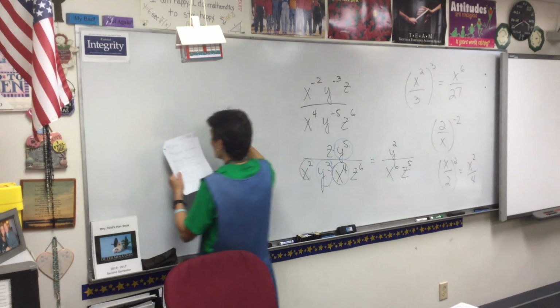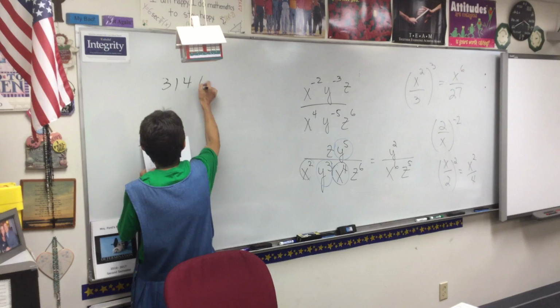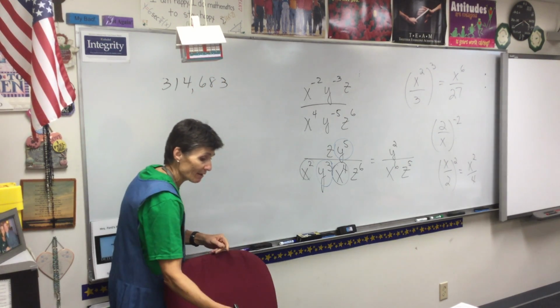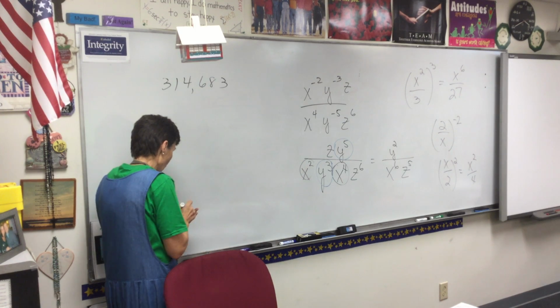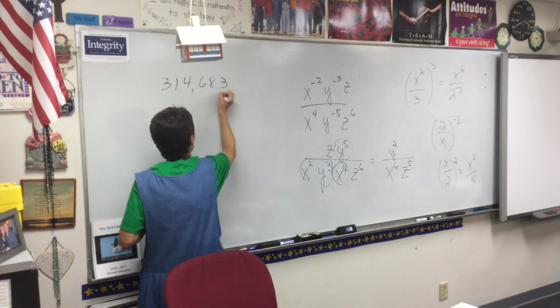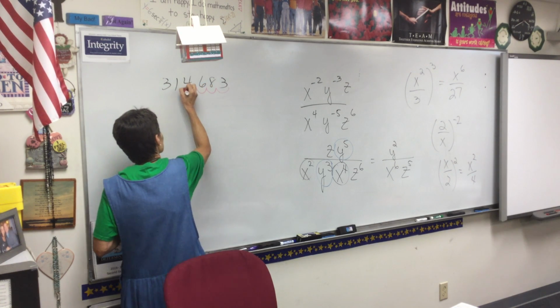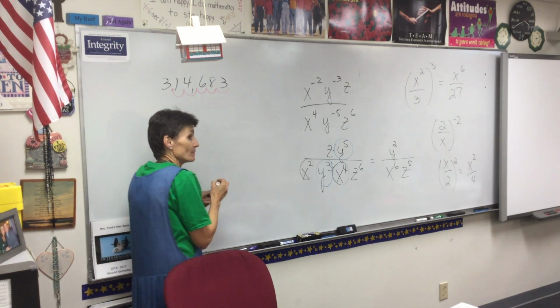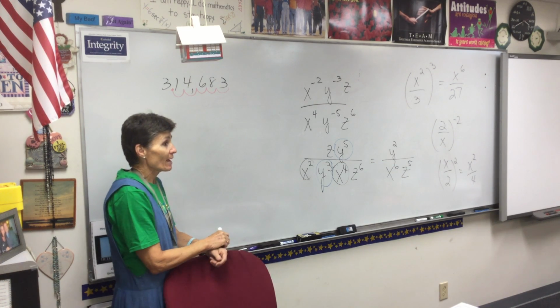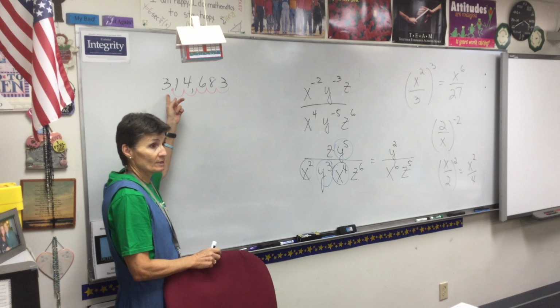So if we have to write 314683 in scientific notation, we have to move the decimal point all the way to here, right? Because the rule is that we have to have exactly one number to the left of the decimal point.